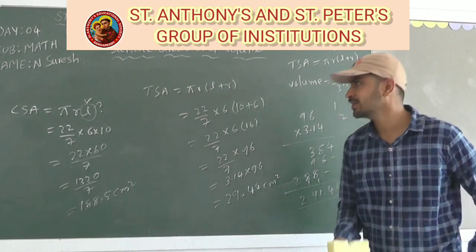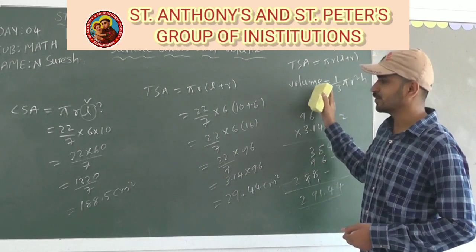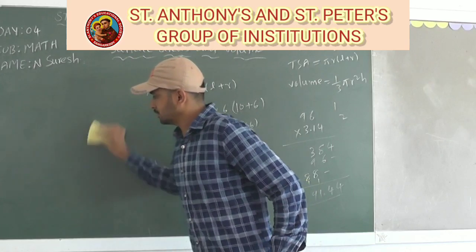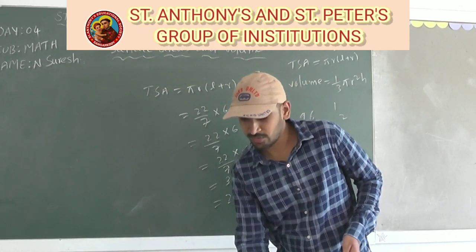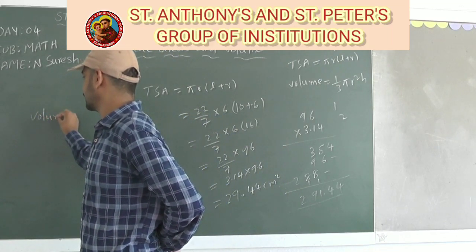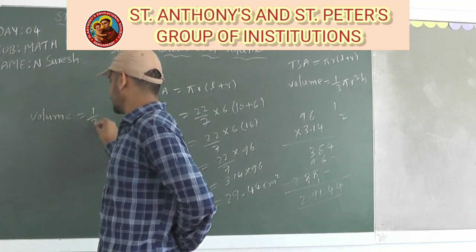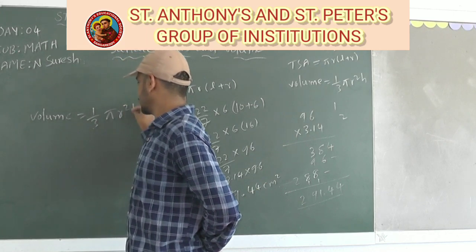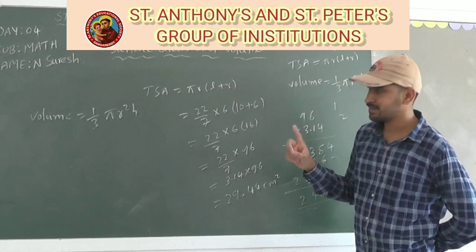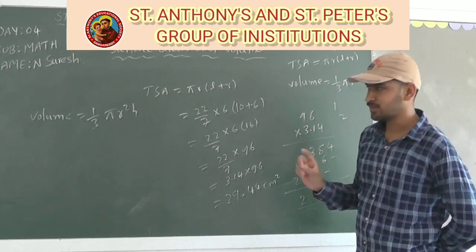Still one more thing is left over, that is the volume of the cone. So we know the formula for volume of the cone. Volume of the cone equals 1/3 pi r square h. Pi value we know, 22/7, r value also known, h value also known.